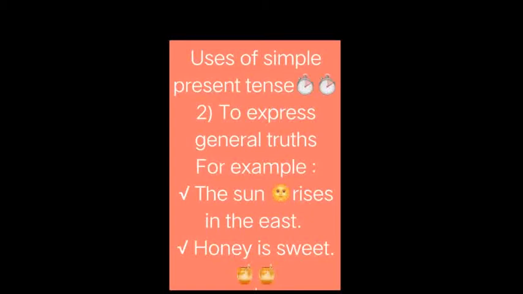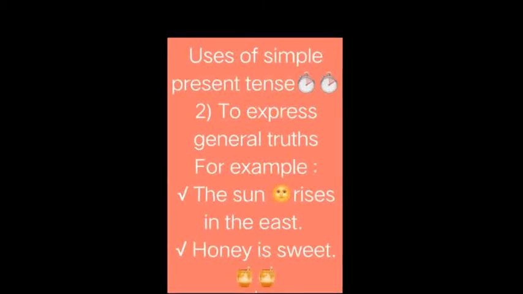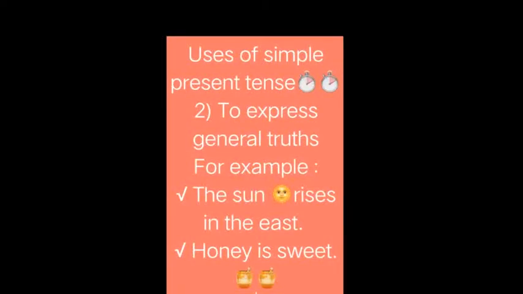What is used to express general truth? Simple present tense. Now let us move on to the next example. Honey is sweet. So it is a general truth. Remember, is and are are also used to express simple present tense. Now when is is used and when is are used? Remember, is is always used with a singular subject, whereas are is used with a plural subject.